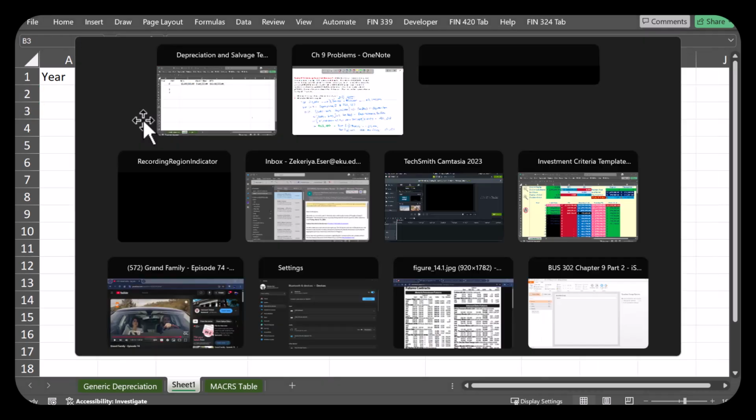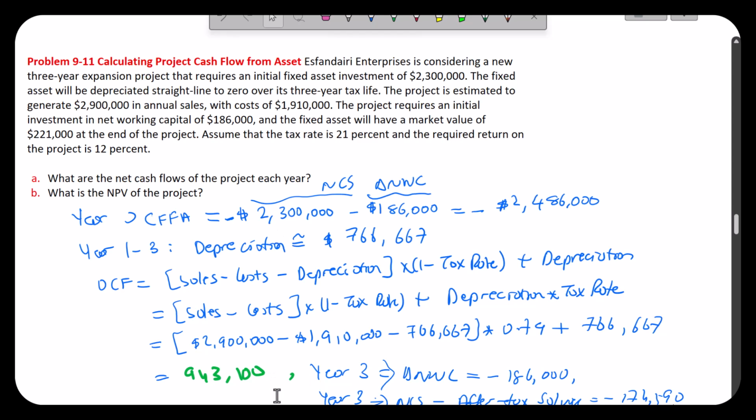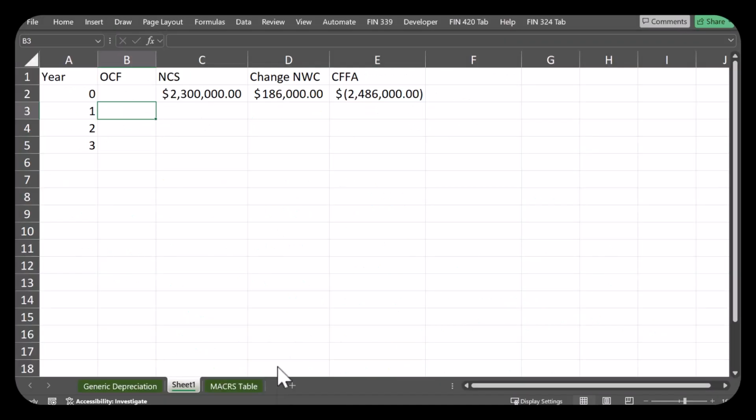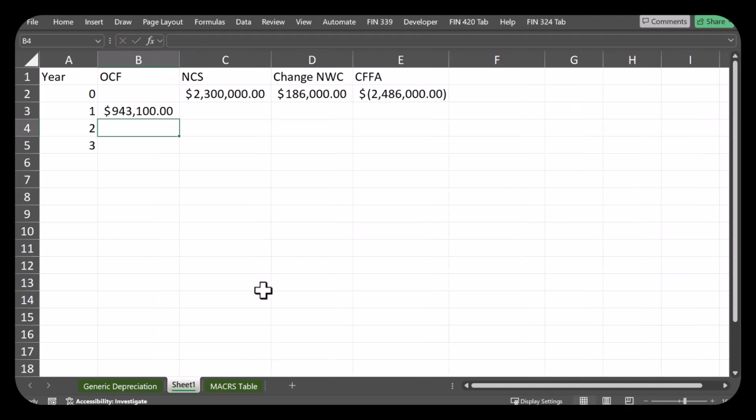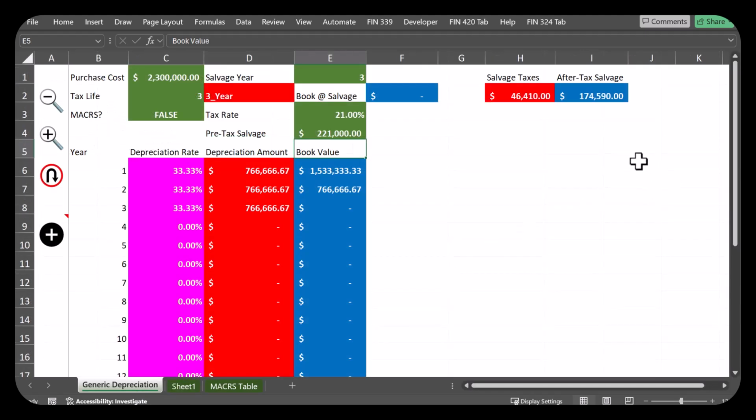And for year 1 and 2 and 3, we know the OCFs, 943,100. Net capital spending is equal to the negative of the salvage value, which is 174,590.